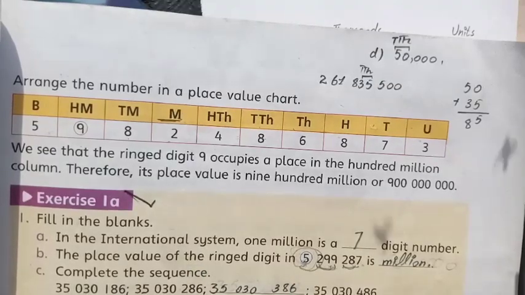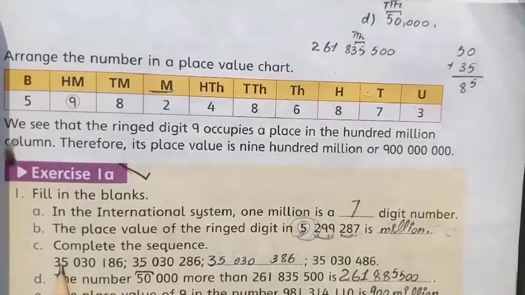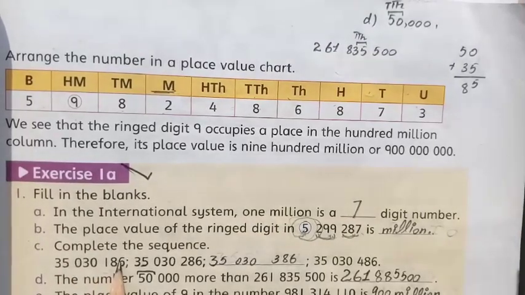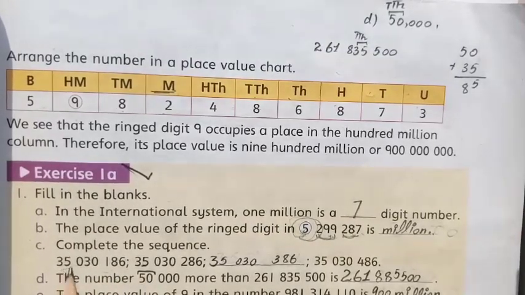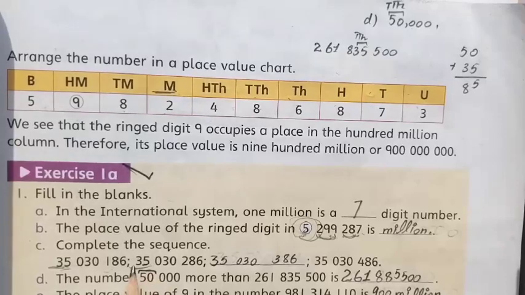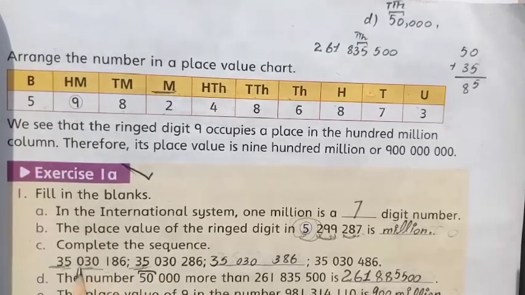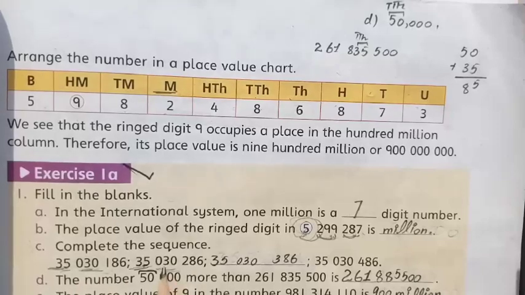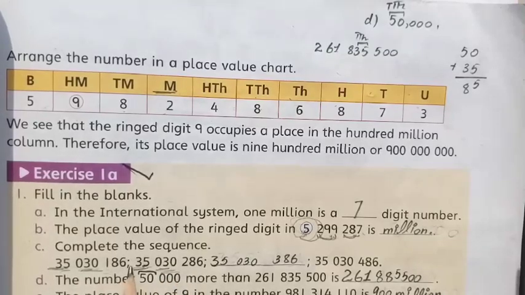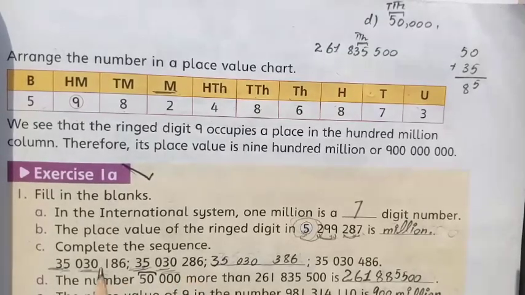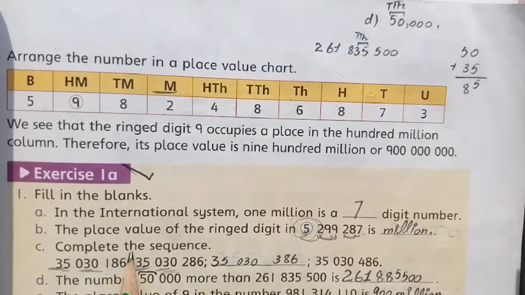So complete the sequence. 35030. As you can see, the first number is the same. 6030, this first number and this second number are the same. 186 and 286, just 186 plus 100.